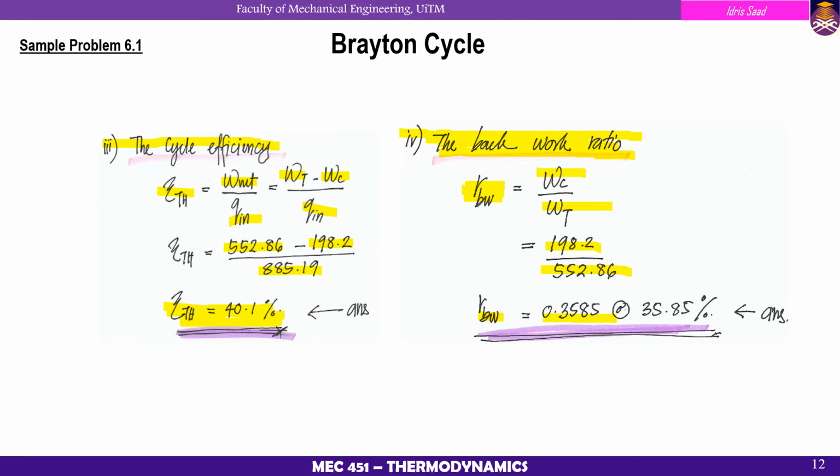Similarly, the back work ratio is also presented in terms of percent. So we multiply by 100%, and we get that the back work ratio is equal to 35.85%. So this is how the ideal cycle for the gas turbine, the Brayton cycle, is analyzed.